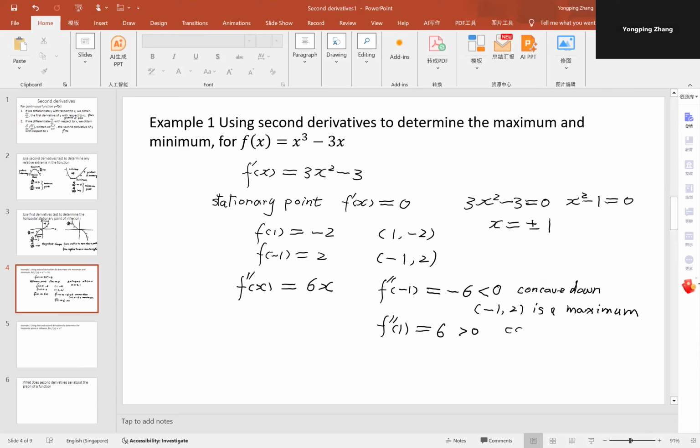So this is concave up. So point (1, minus 2) is a minimum point.